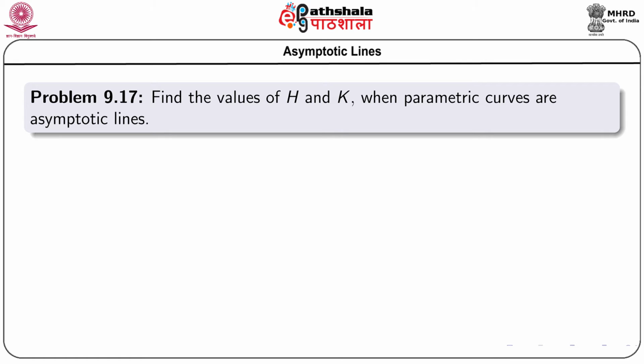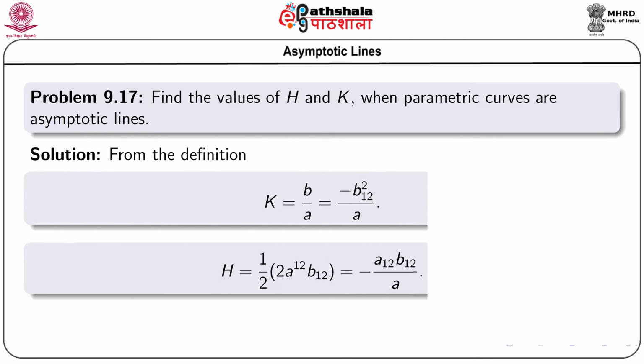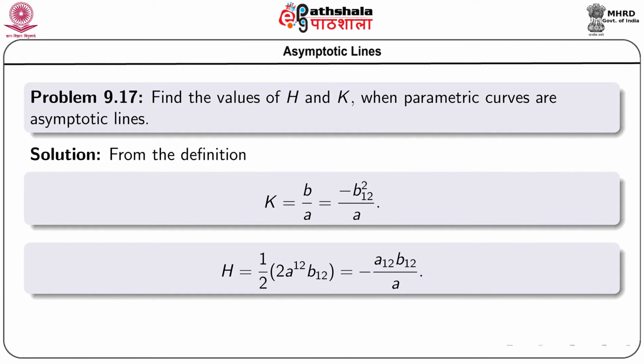So, when the coordinate curves or parametric curves are asymptotic lines, we shall find the mean curvature and the Gaussian curvature of the surface. Let us see the solution for this problem. Now, Gaussian curvature is equal to b by a.